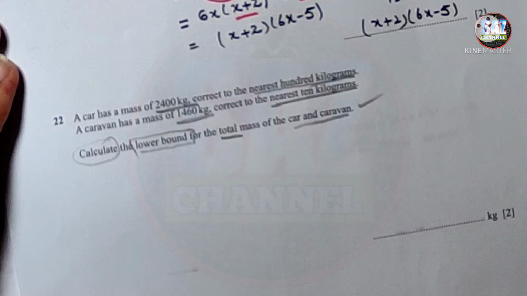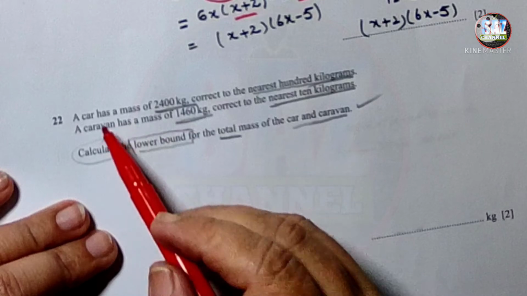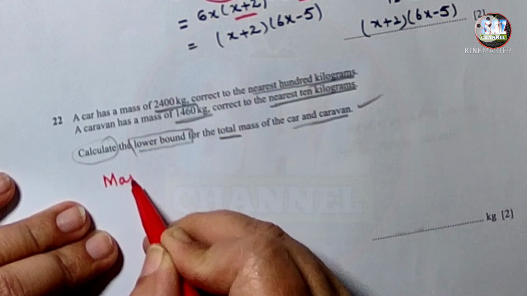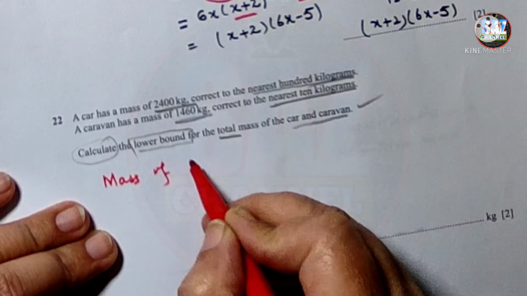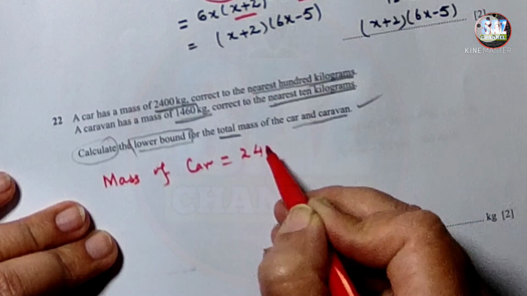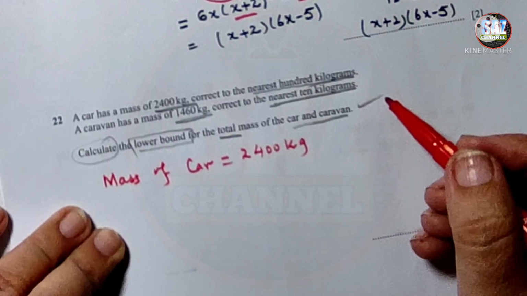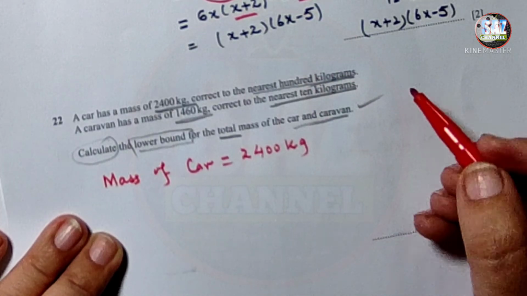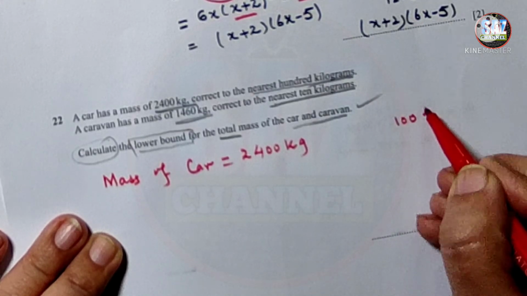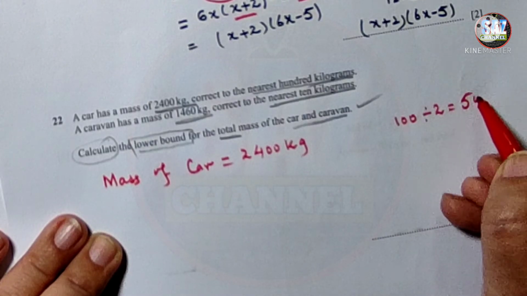Okay, now we are given the mass of the car, that is 2,400 kg, correct to the nearest 100 kg. So in order to get the lower bound or upper bound, we have to divide this 100 by 2, and that becomes 50.